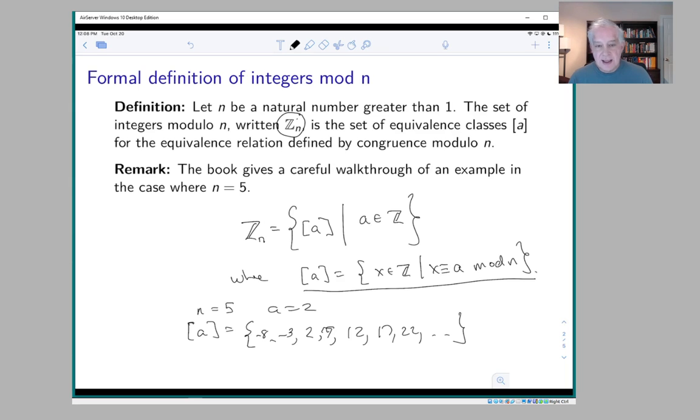And so the elements of the integers mod n are themselves sets. But those sets form a partition by our discussion before. So the sets altogether cover the integers, and they have no elements in common.